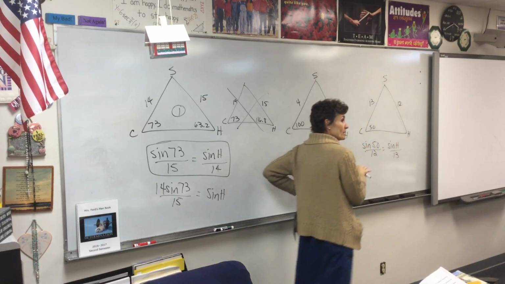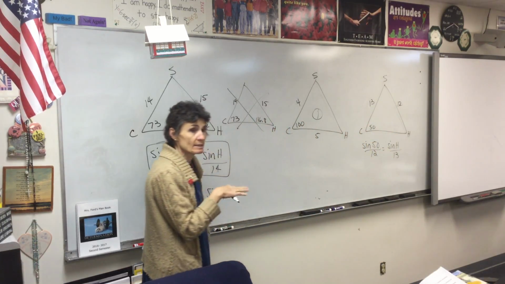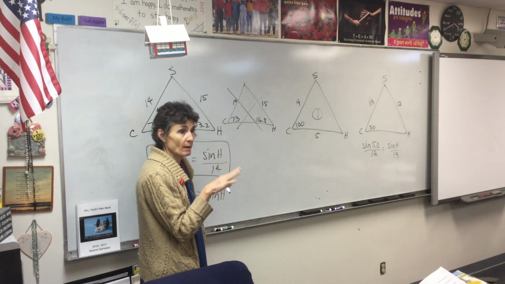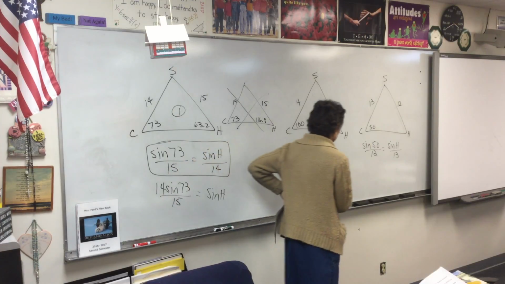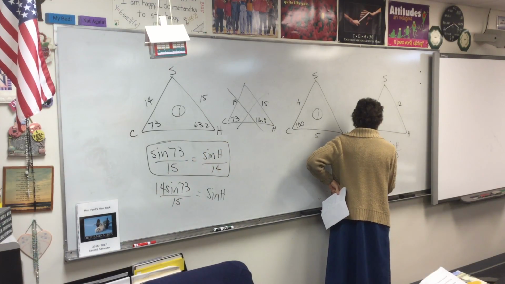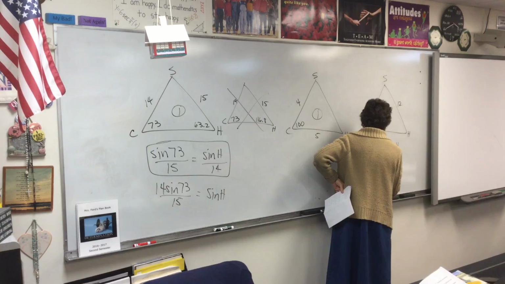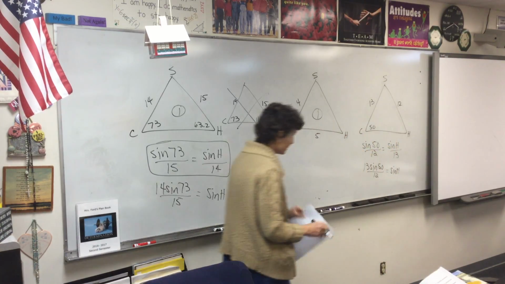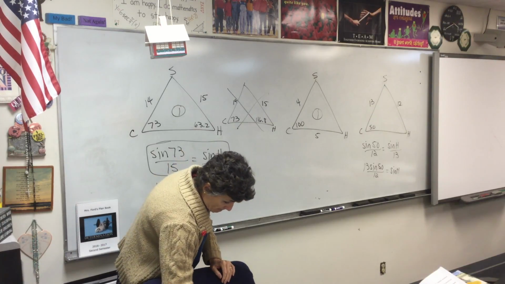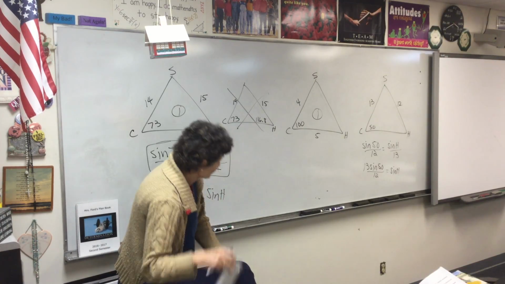This one could have a potential second answer, right? Look at the setup. See how it is? That means we have a potential second answer. If we even have a first answer, that's what we gotta check first. Do we even get an angle here? Or is this another no solution?